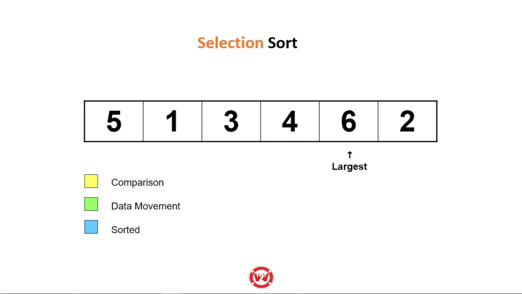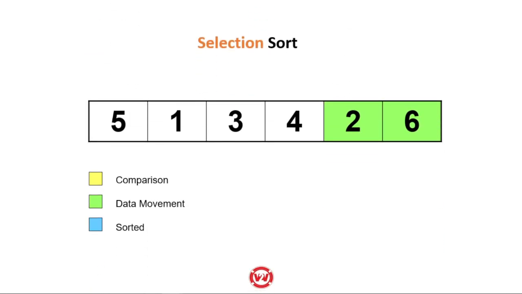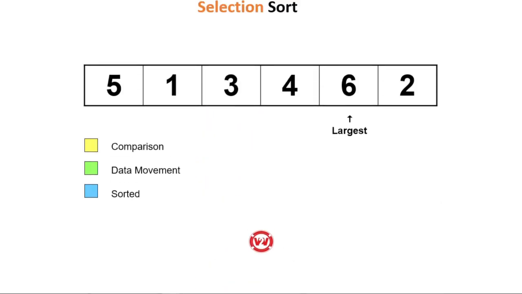So next part will be, I have to fix 6 at a proper location. But how do I fix 6? I am fixing 6 to be at the last location, and in short, I am swapping it with 2.